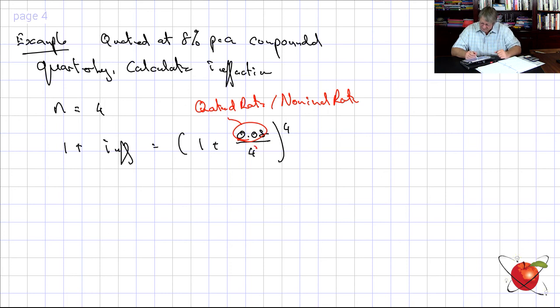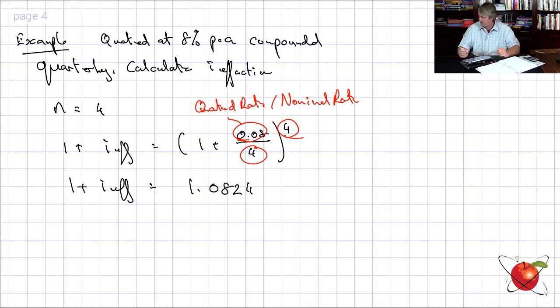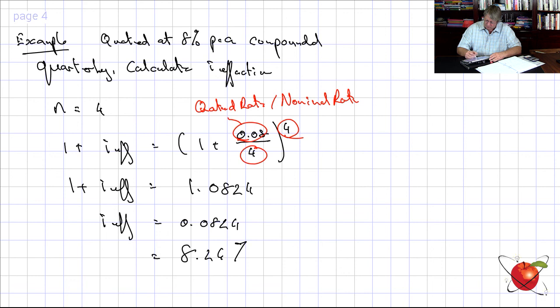I divided it by the number of compound periods and then put it to the power of the same number. Therefore, 1 plus i effective is going to be 1.0824, like so. Thus, my i effective is that minus 1, 0.0824, which is 8.24%.